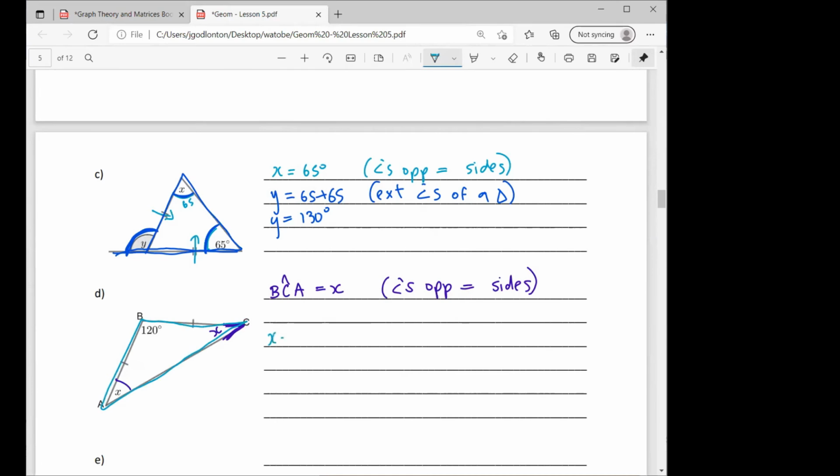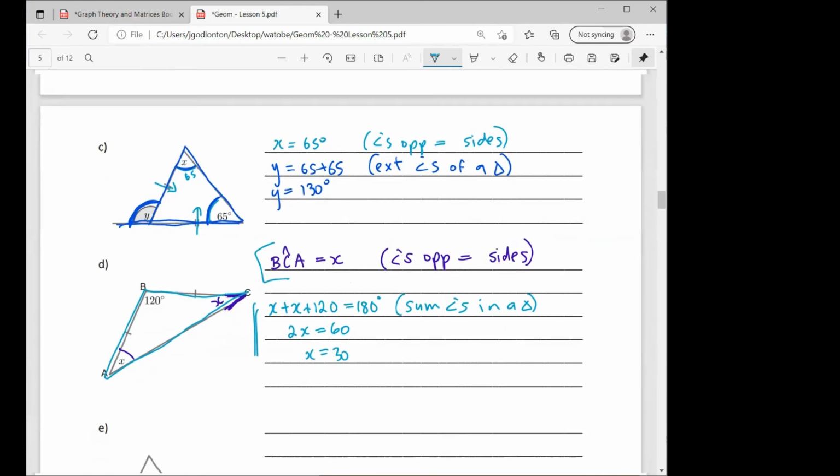So now I can say X plus 120 equals 180 because of sum of angles in a triangle. And so 2x is equal to 60, which means x is equal to 30. But we have to say this line first before we jump into this, otherwise we don't end up getting all of our marks. It's one of those annoying things, but it's necessary.